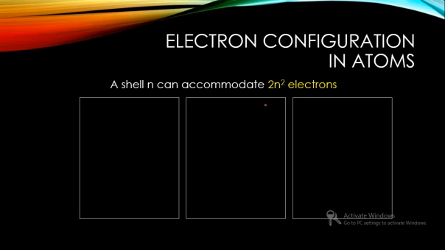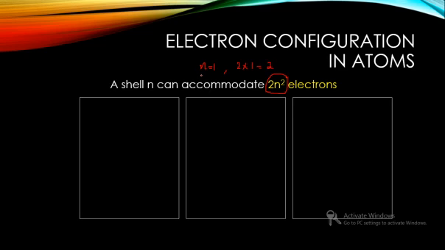Okay. So the point to be considered before writing the electronic configuration is that for any orbit n, the total number of electrons that could be accommodated is 2n square. So if it is n equal to 1, that is the first orbit, what would be the total number of electrons occupied? It would be 2 into 1 square, which is 2. So it can occupy 2 electrons.